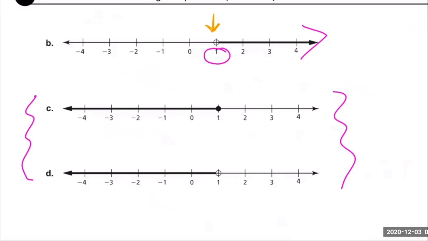And so when we create our inequality, we're not going to have that equal to sign under there anymore. We're just going to have x is greater than 1. So a closed circle is going to be with greater than or equal to or less than or equal to. An open circle is going to be with greater than or less than. And so I want you to pause here and then try C and D on your own.